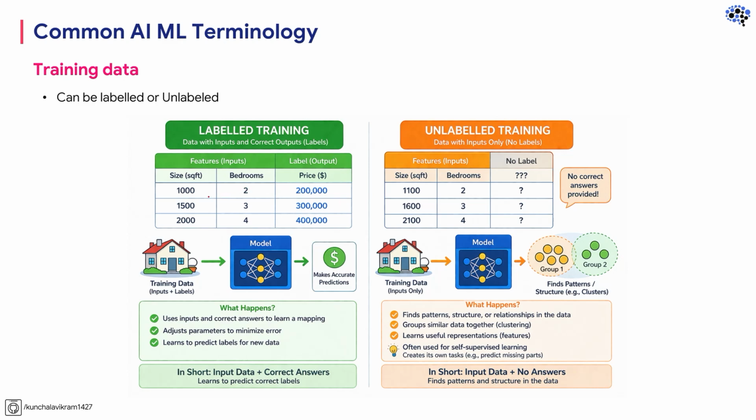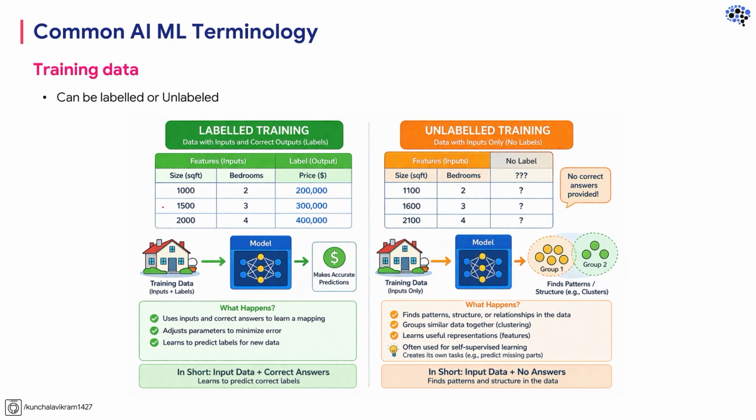So I have this labeled data where I know the size of the house and the number of bedrooms, and then the price is 2 lakh dollars, right? For example, if it is 1500 square feet and 3 bedrooms, the price is this.